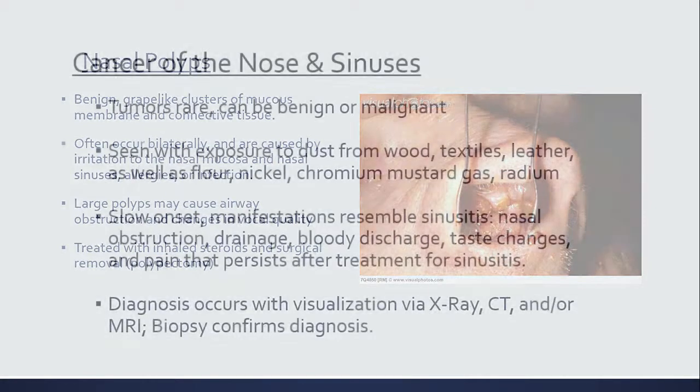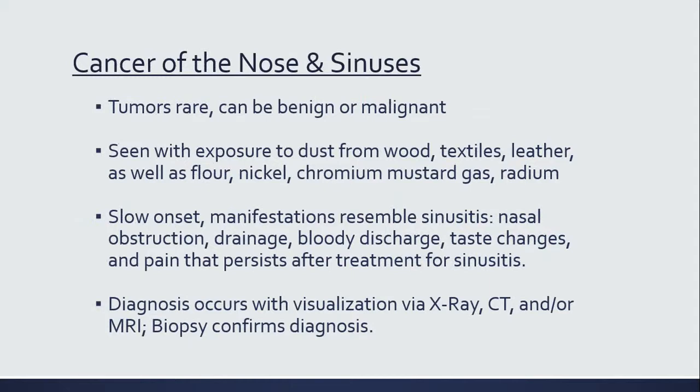Okay. The next chronic issue, cancer of the nose and sinuses. The tumors are rare and they can be benign or malignant. Often they're seen with exposure to dust from wood, textiles, leather, as well as flour, nickel, chromium, mustard gas, and radium. So what does this tell you?